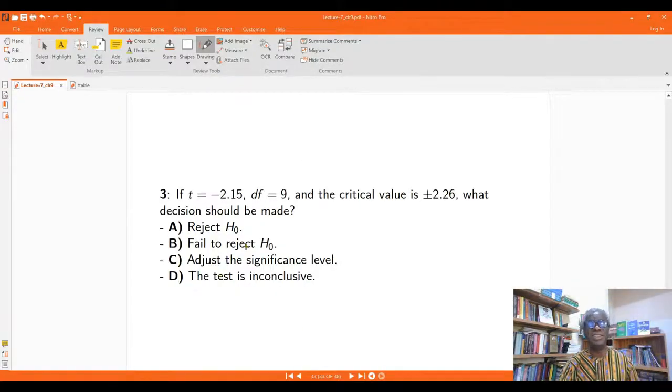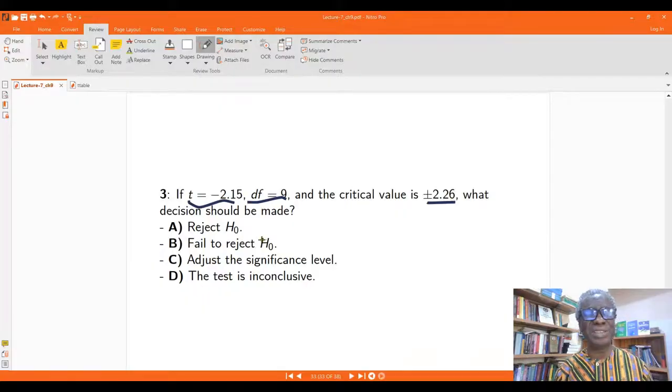Question 3. If you have the computed t statistic given as minus 2.19, and the degrees of freedom is 9, and you look at the table and the critical value is this, what will be your decision? So you have to compare the t statistic with the t critical.